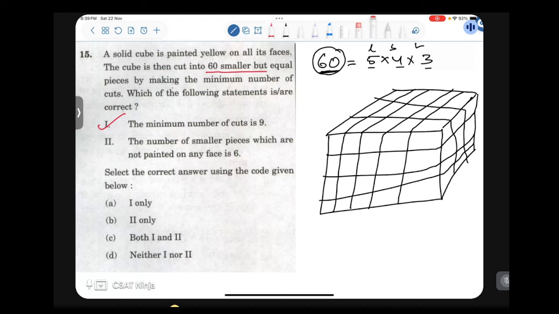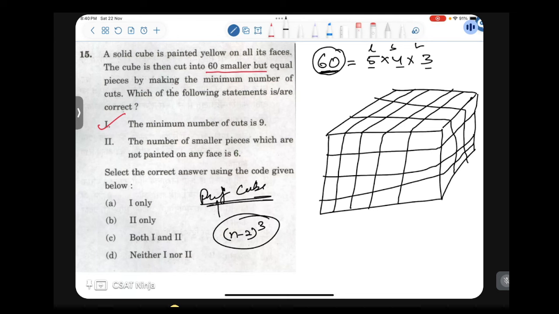Statement number 2 says what? The number of smaller pieces which are not bended on any face is 6. That means 0 side bended is 6. That's what the question says. So what was the formula for 0 side bended? I'm going to use the formula that we have used earlier, okay? So n minus 2 to the power 3 was 0 side bended, but this is for a perfect cube.